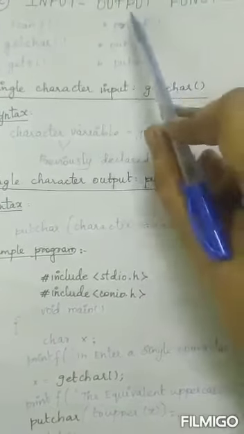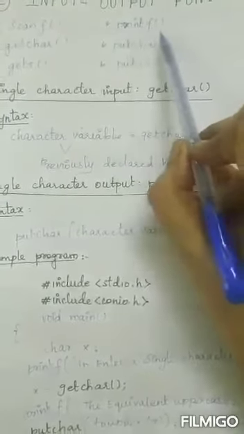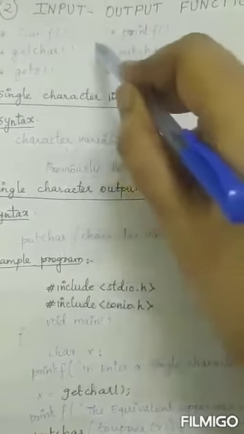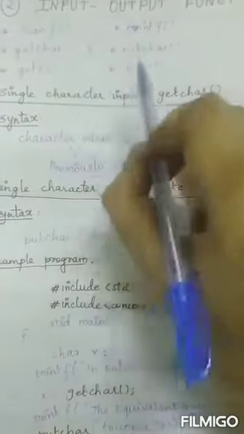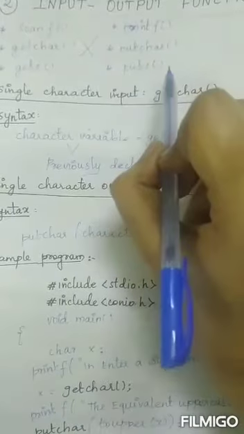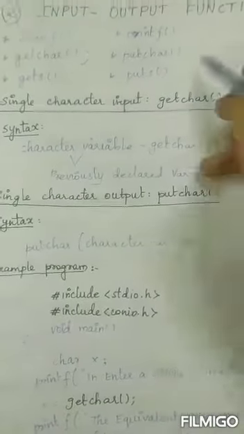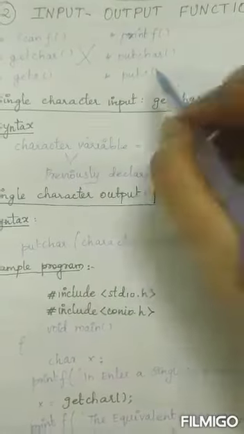The output functions are named as printf, putchar, puts, just the opposite to these input functions. These words I think we will be familiar with, as we have already seen 2 programs of C language.